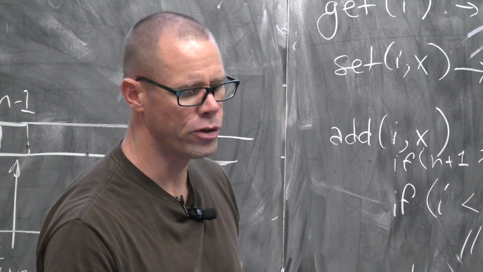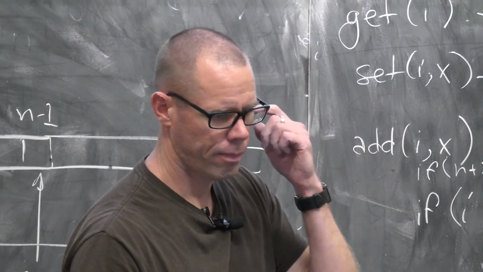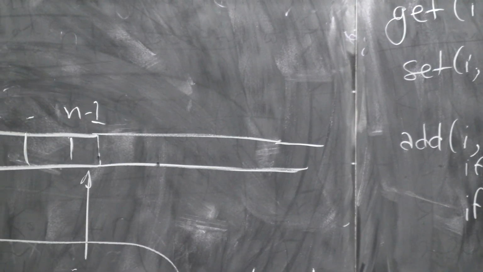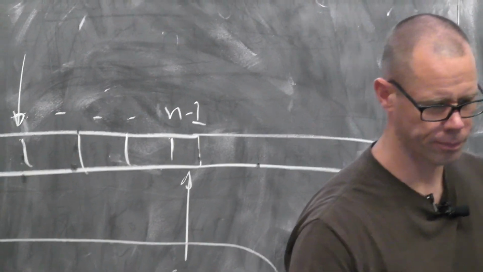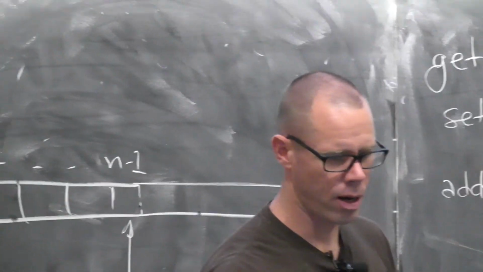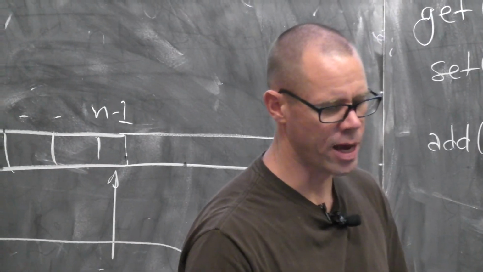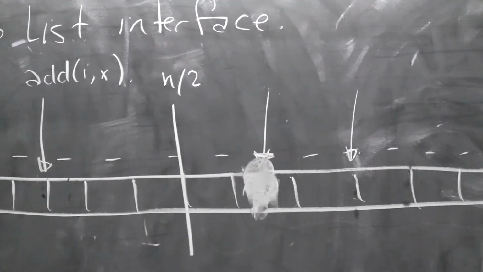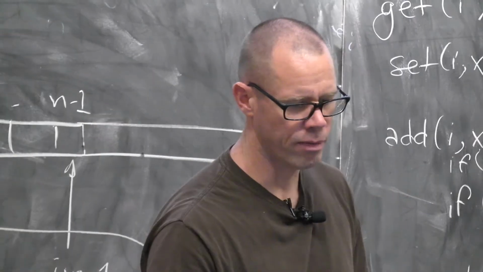Then if I is less than n over 2, you're going to shift these things to the left one position, meaning you're going to move them to the left to make one extra space. And that's just a for loop that counts starting at 0 and going forwards. Otherwise, if you're in the second half, you do a shift to the right. That's this other for loop. And finally, you've cleared position j plus I. You set it equal to x, and you increase the value of n.